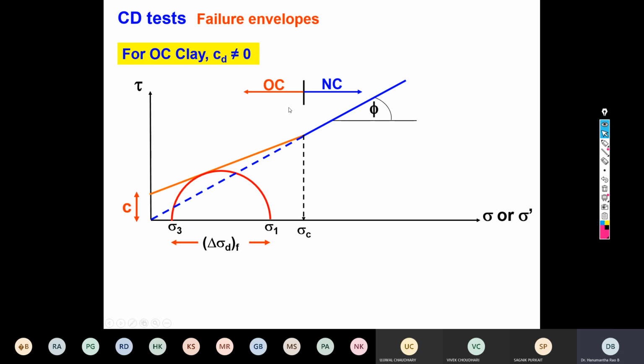Initially, if you conduct the triaxial test on OC soils, you may find that there is a small amount of the C value. But the moment you conduct the CD test, everything becomes 0. So this is normally consolidated, and this is over consolidated.